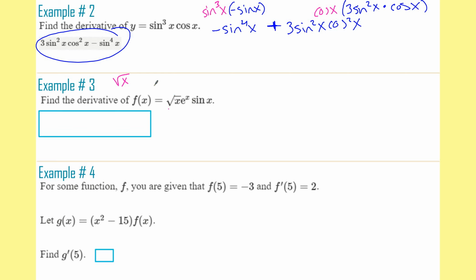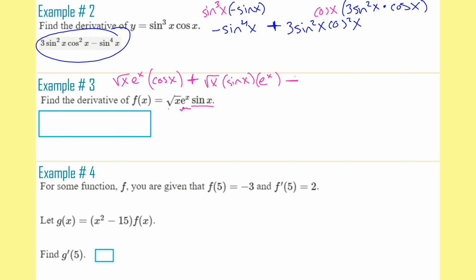So the first thing you're going to do is leave the first 2 alone times the derivative of the third. The derivative of the third is just cosine. Then you're going to add the first one, the last one, and then do the derivative of the middle one. The derivative of e to the x is just e to the x.